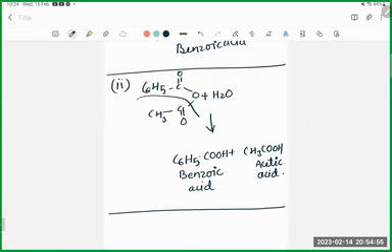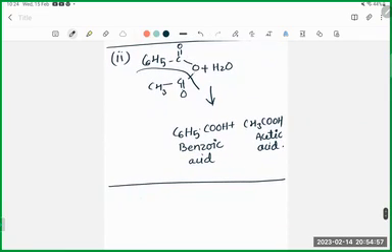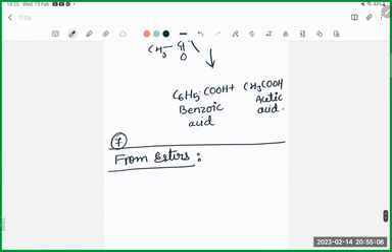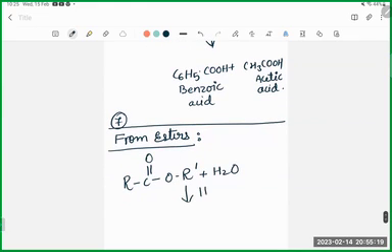The next is from esters, and this is the last one. So how do we do it from esters? Esters are actually C double bond O, O, R dash. Clear? We do H2O, acid hydrolysis, with acid written over the arrow.